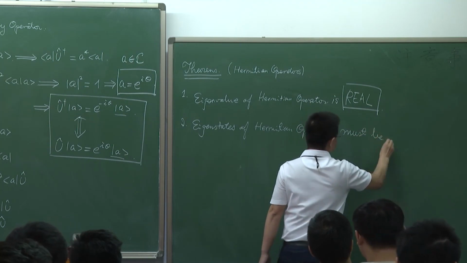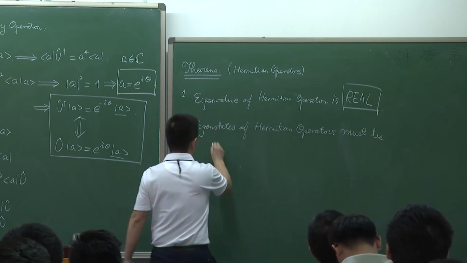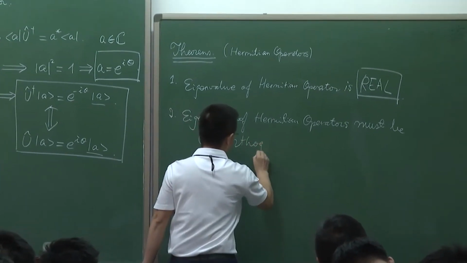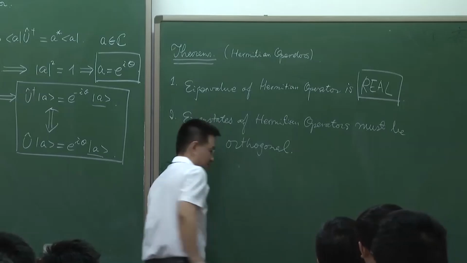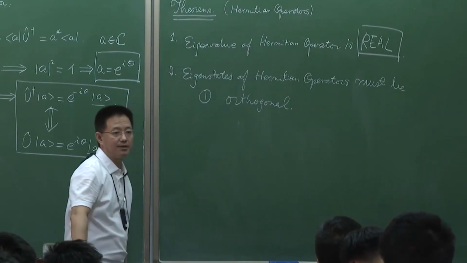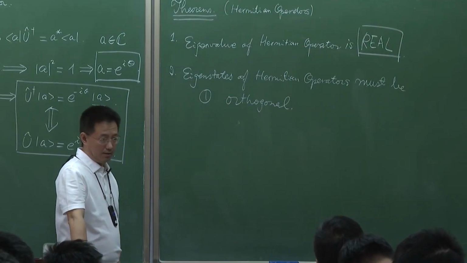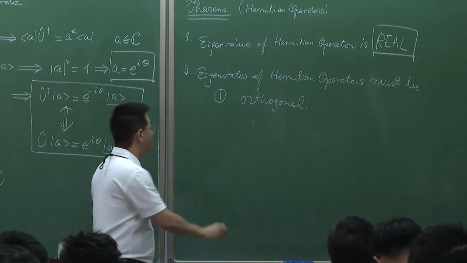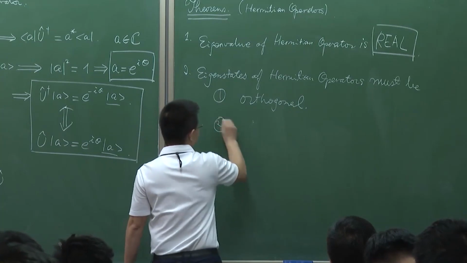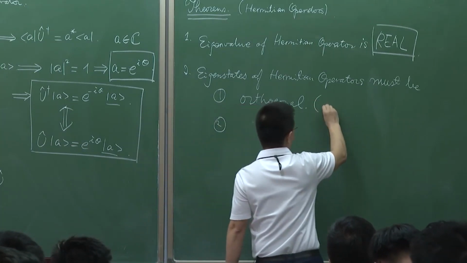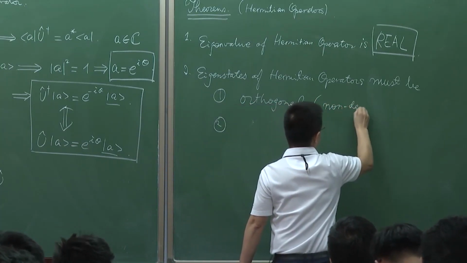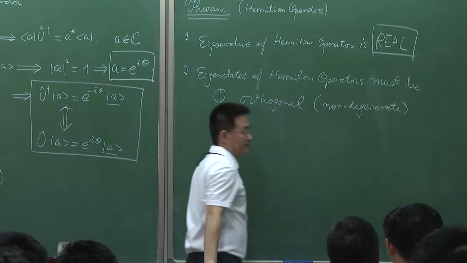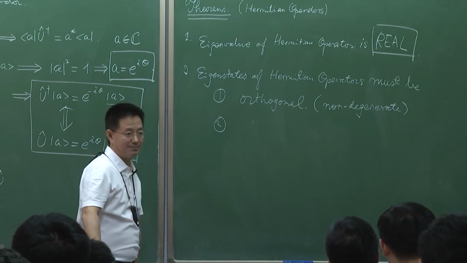There are two cases. One case is orthogonal. The eigenstates, the eigenvectors of the Hermitian operators must be orthogonal. Or, this case is for the non-degenerate. For the non-degenerate eigenvalue, it must be orthogonal.